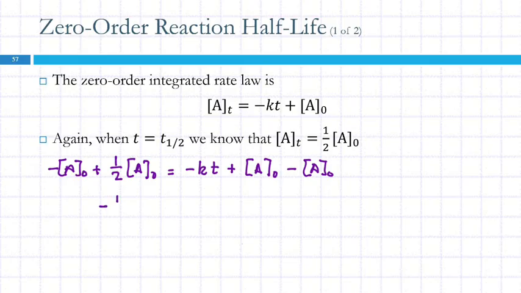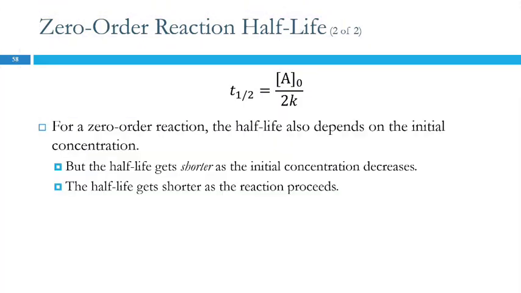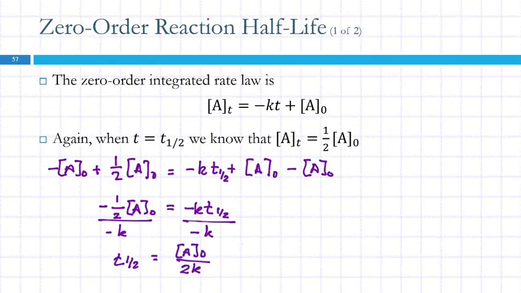So that gives me negative 1/2 A0 is equal to negative K T1/2. And I'm going to divide both sides by negative K. So T1/2 equals the concentration of A0 divided by 2 times K. Did I do that right? Yes. Doubted myself there for a minute.